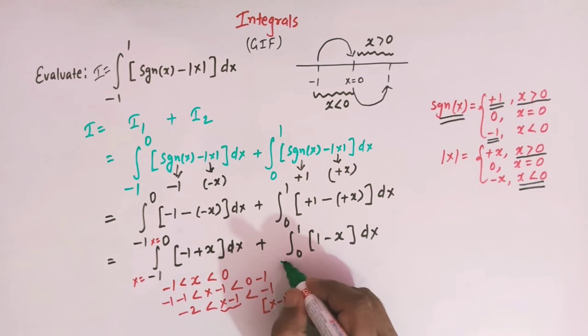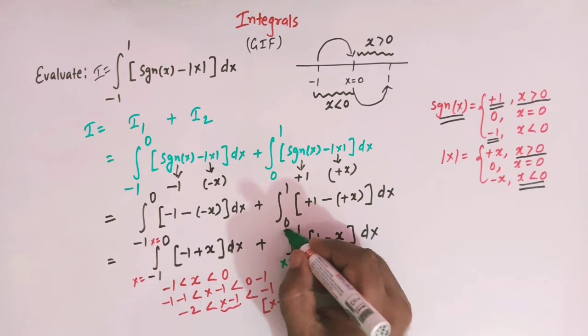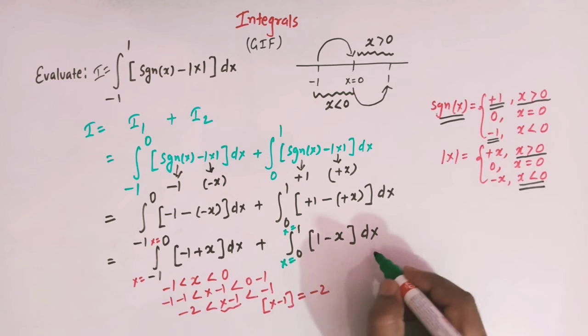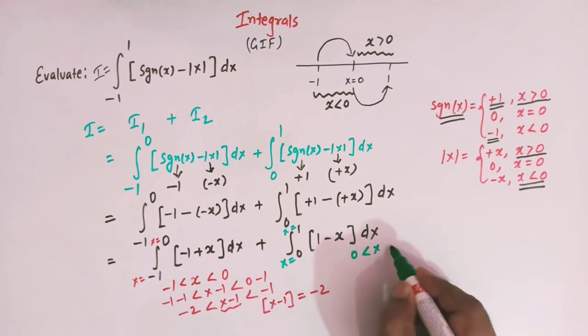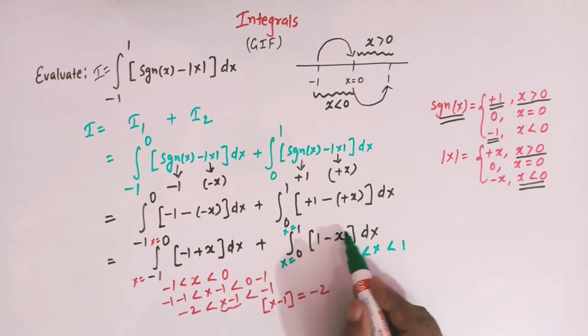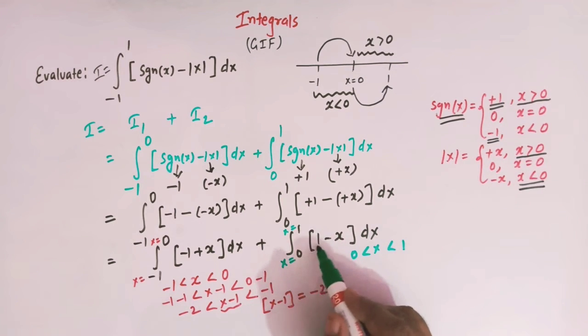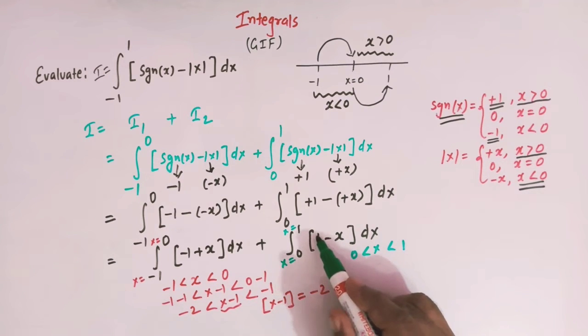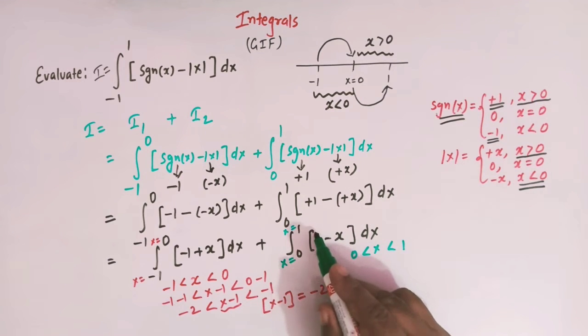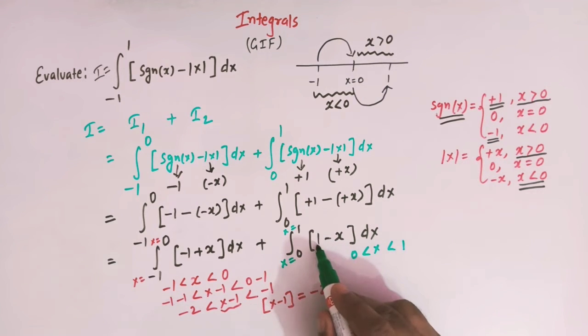Okay, so now let us take this integral. Here we see that x varies from 0 to 1, right? So when x lies between 0 and 1, we have to decide the value of greatest integer of 1 minus x. In order to get it, first we have to get the expression for 1 minus x.